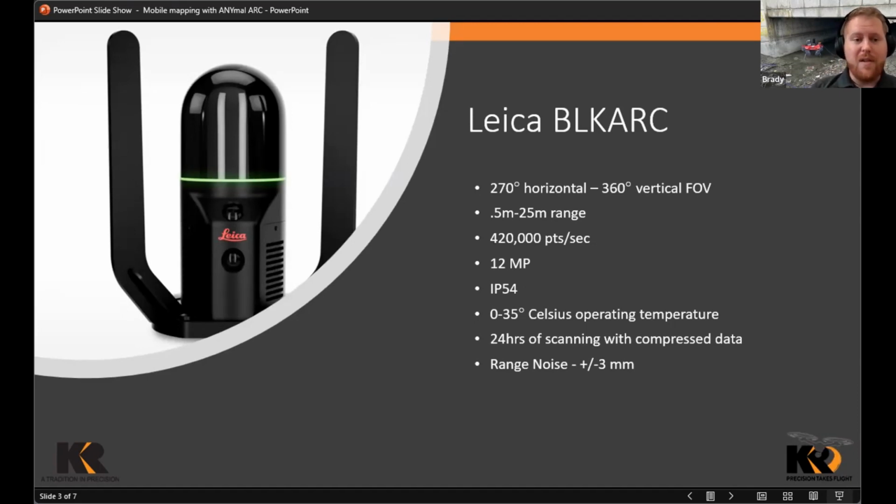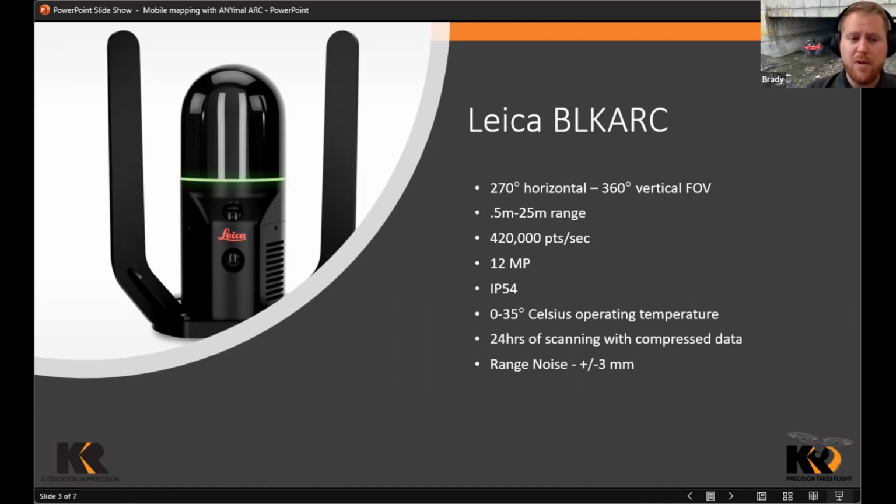It has a wide operating temperature range, 0 to 35 Celsius. We can store up to 24 hours of continuous scanning in compressed data formats, or up to 6 hours with uncompressed data. And our noise range is somewhere between plus or minus 3 millimeters.